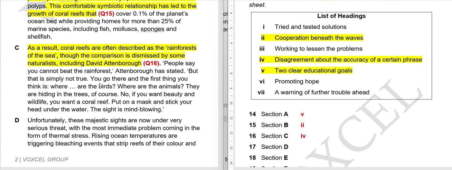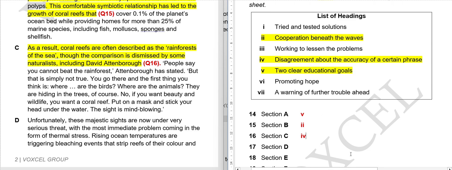No, if you want beauty and wildlife, you want a coral reef. Put on a mask and stick your head under the water. The sight is mind blowing. So he is disagreeing that rainforests are the best place to see nature. The best place to see nature is coral reefs.